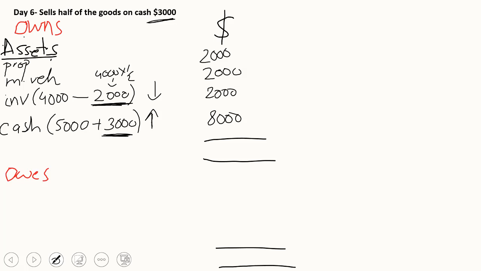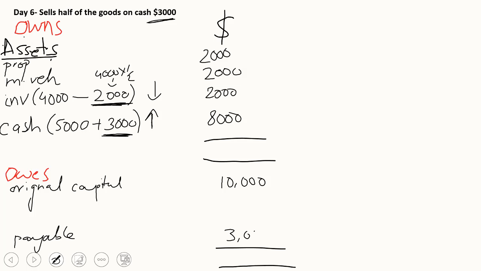In this section we had capital, so let's write it as original capital. How much was it? Original capital was 10,000. Payable, how much was it? Payable was 3,000.